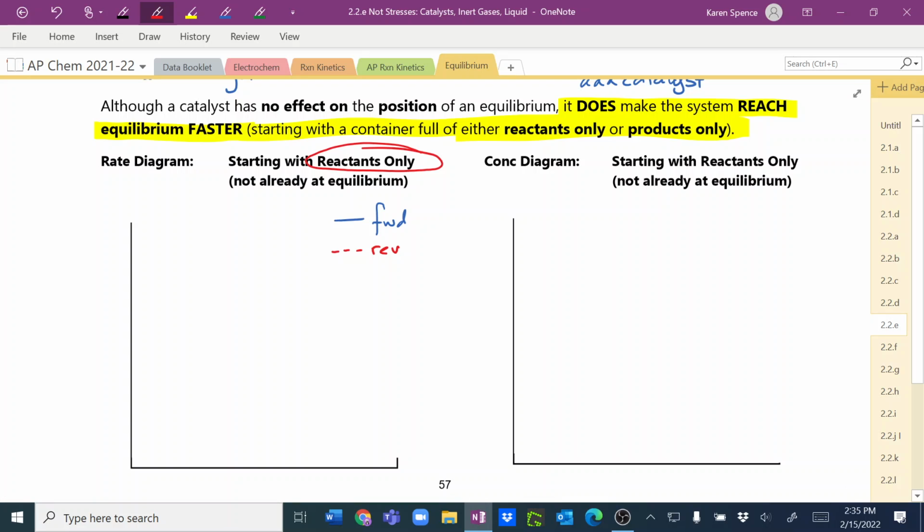So this is with a catalyst and then without a catalyst. We'll actually draw them on the same graph, okay? So what is my forward rate going to be like? And what's my reverse rate going to be like if I have only reactants?